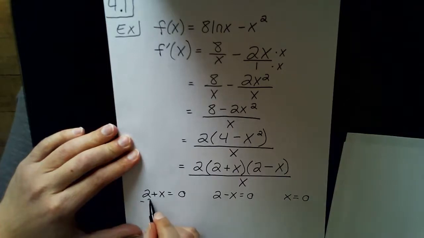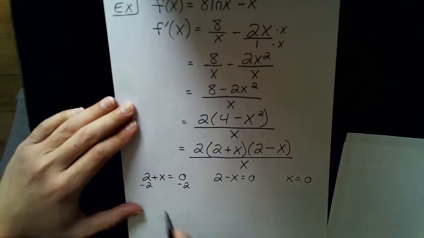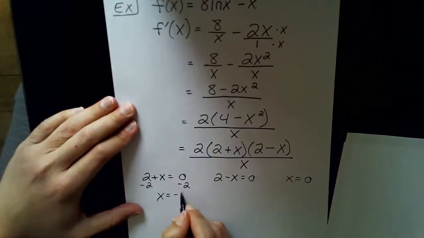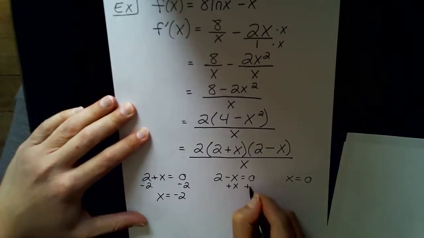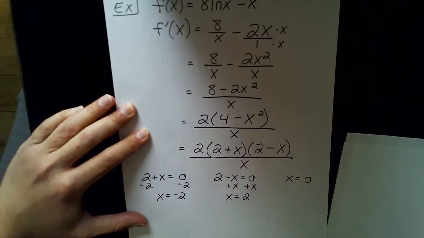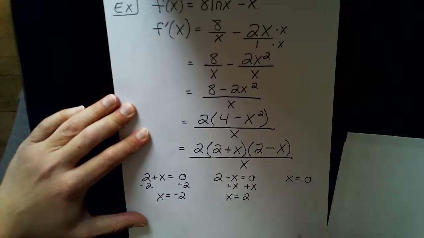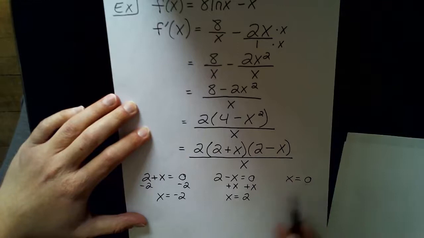We'll subtract 2 from each side in the first case, which gives us x equals negative 2. We'll add x to each side in the second case, which gives us x equals positive 2. And in the third case, x equals 0 is already done for us. So we have partition numbers of 0, negative 2, and positive 2.